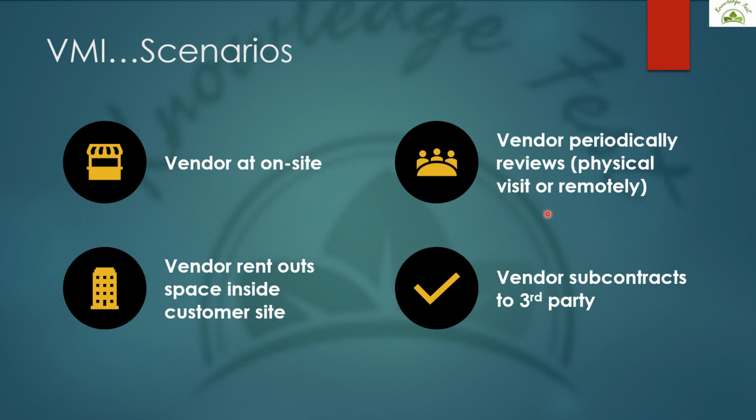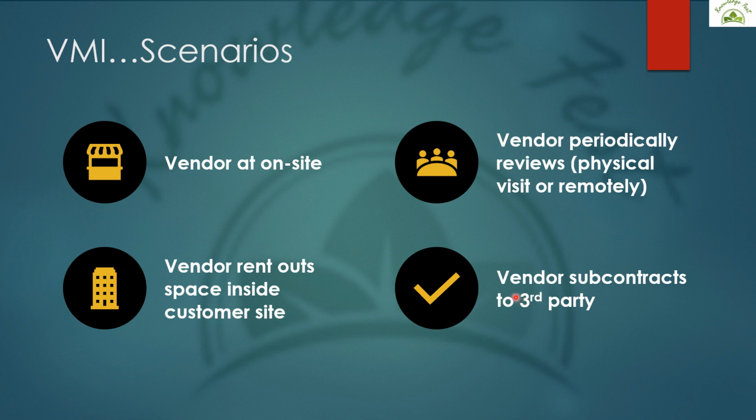So a physical visit is possible. Another possibility is that the vendor can have access to the inventory management system or the ERP system of the customer. In that way, it can remotely review periodically what the inventory status is, and based on the status, decide when to order and how to order.